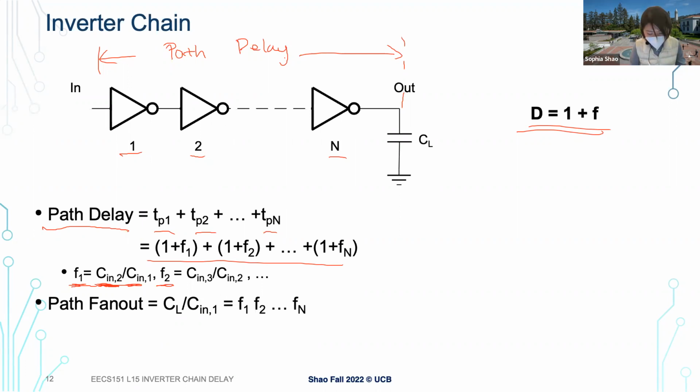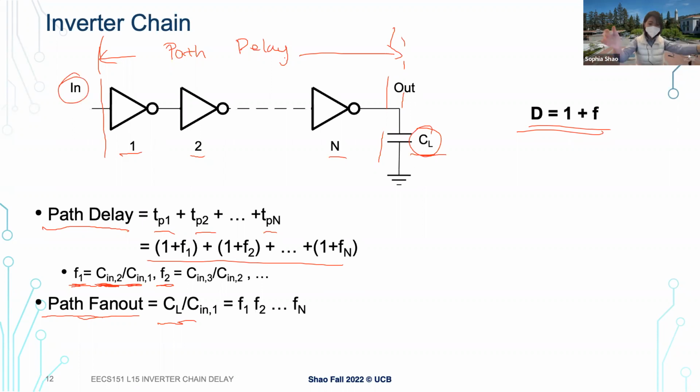And then another related term you may hear is path fan-out. Instead of the fan-out of the individual stage, this is for the entire path, right? The path fan-out is the eventual load that we're driving at the end, after a bunch of inversions in our circuit, and the ratio between this load and the input capacitance at the input.